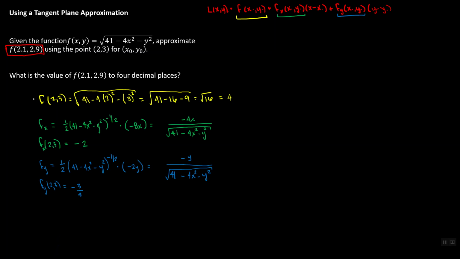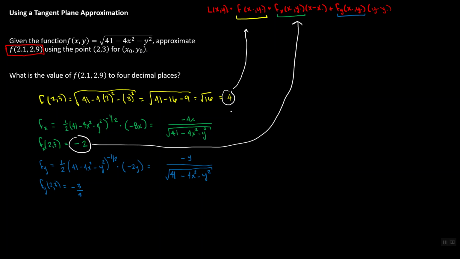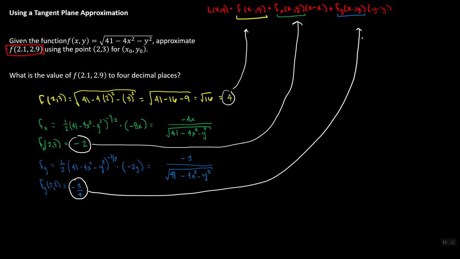So we've calculated the function at the point 2, 3, found that to be 4, so we're going to plug that into our L function. We've calculated the partial derivative with respect to x at 2, 3. We found that to be -2, so we'll plug that in up here, and then we calculated the partial with respect to y, evaluated that at 2, 3, and plug that in right here.